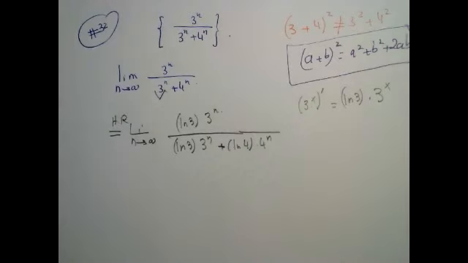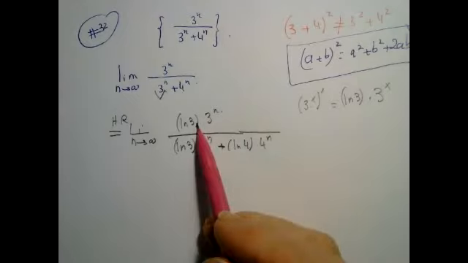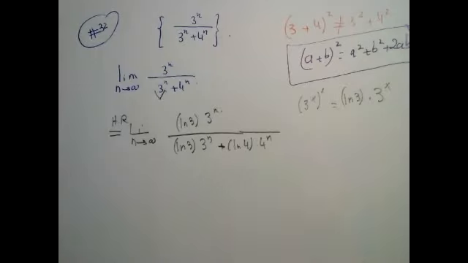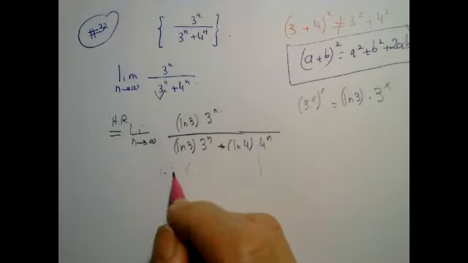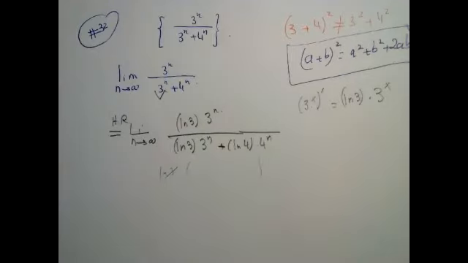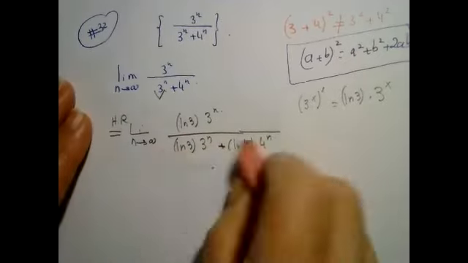Couldn't we just cancel out the ln of 3 from top and bottom? Not, because this is ln of 3, this is ln of 3, this is ln of 4. The only way we can simplify is if we can factor, and I cannot factor ln of 3.